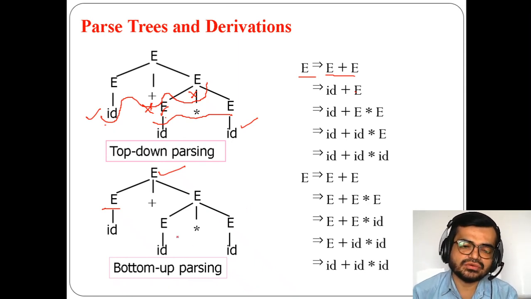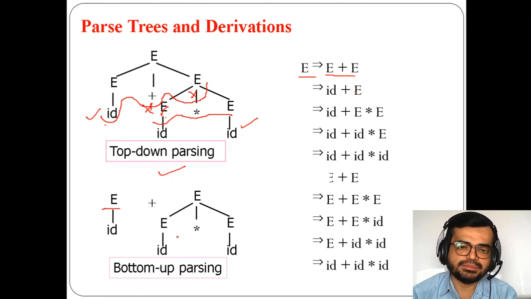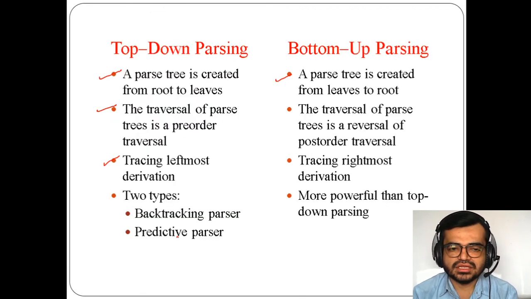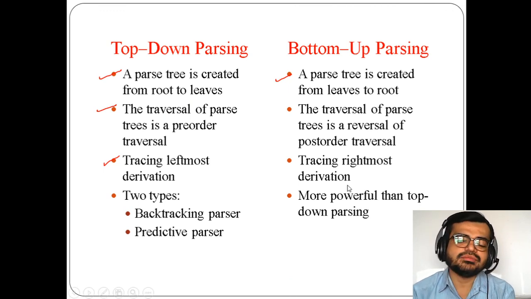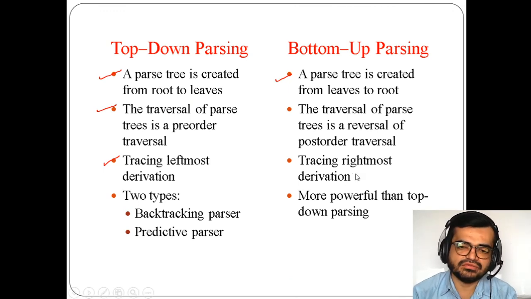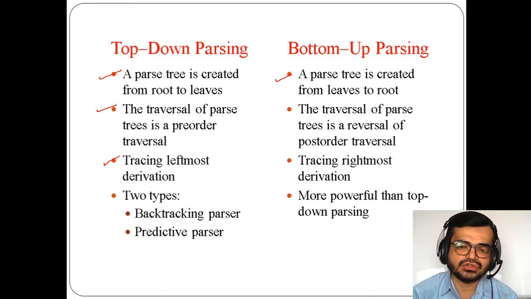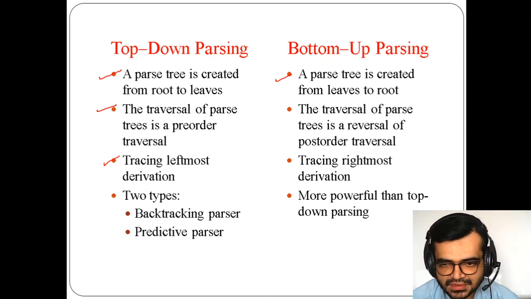Okay, in that sense you are going to talk about bottom up parsing. So that is regarding bottom up and top down parsing. So tracing rightmost derivation, just now we have seen, but this rightmost derivation will be in reverse order. If you take it in reverse way, then you can get to know the rightmost derivation.